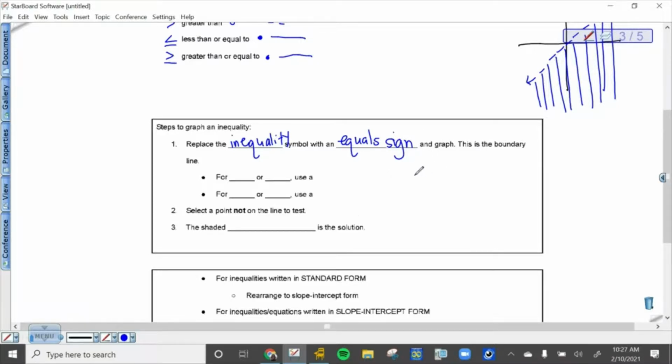So we basically just change the inequality from an inequality into an equation. And we graph that line, and that's what we call our boundary line. Like I said, for less than or greater than, use a dashed line. So like this, dashed. For less than or equal to, greater than or equal to, use a solid line.